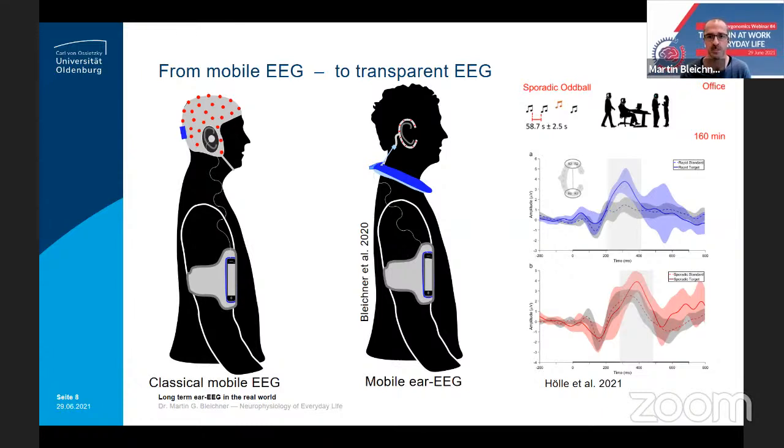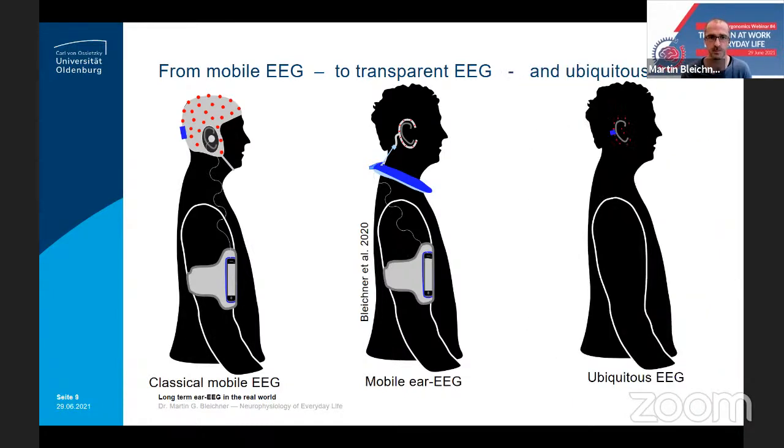Ultimately, transparency is a prerequisite for what I would call ubiquitous EEG. An EEG that is always there, an EEG that is small enough and comfortable enough to be worn for hours on end, but also an EEG that is of sufficient quality with a sufficient number of electrodes so that we can still interpret the signals we are recording.